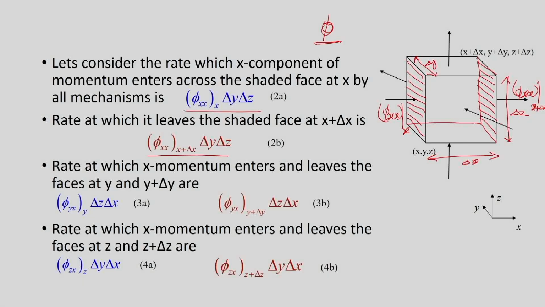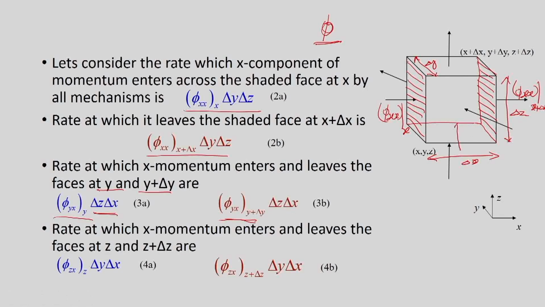Similarly, the rate at which x momentum enters and leaves the phases at y and y plus delta y, we can write as pi yx at location y multiplied by the area delta z delta x, and pi yx at location y plus delta y multiplied by area delta z delta x, respectively.